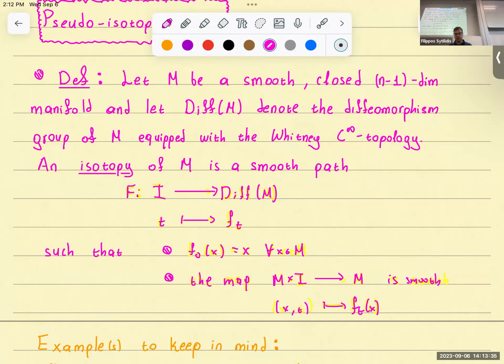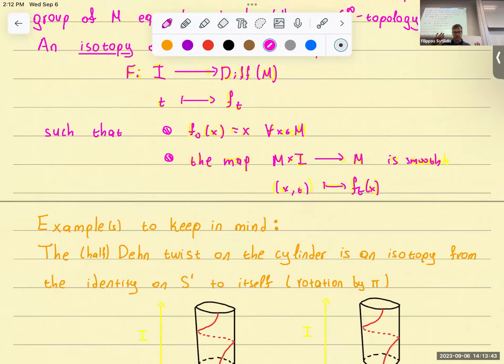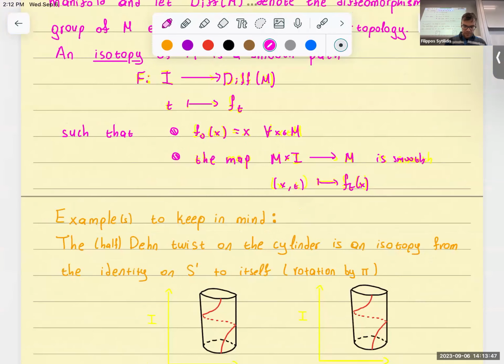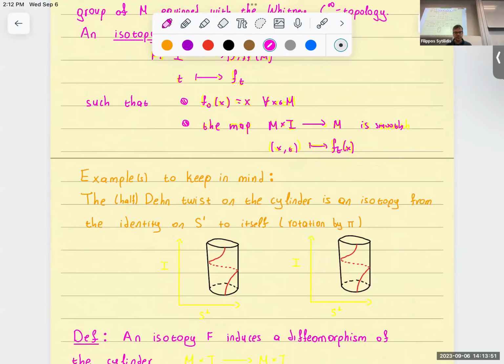Okay, so that's what an isotopy is. And for everything we're doing, it's good for every definition to have a picture in mind. So the picture that I want to have in mind for isotopies is this Dehn twist on the cylinder.